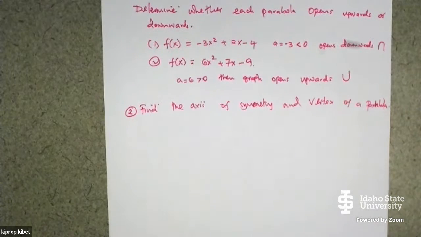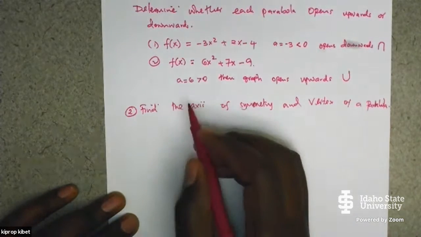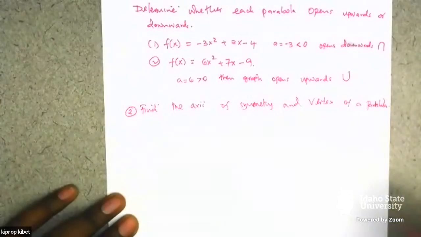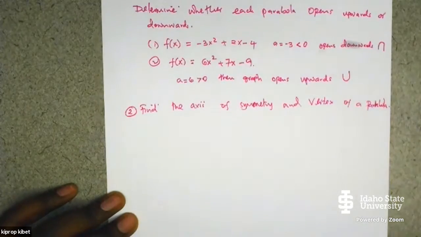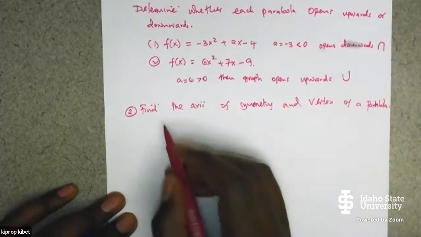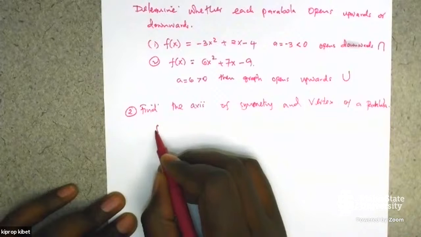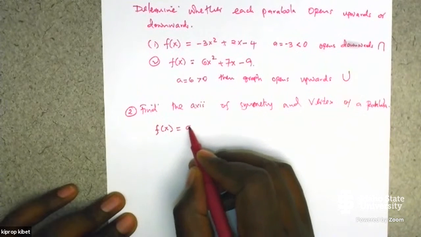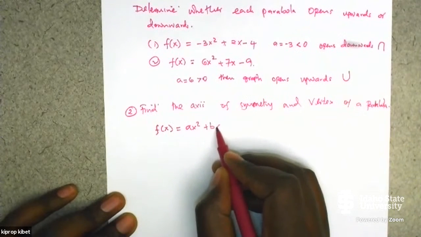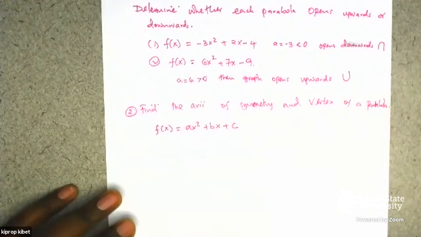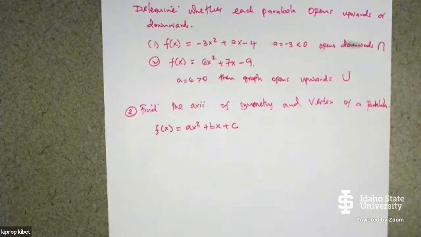So let's start from the first one, which is the axis of symmetry. Now, if our function f of x equals ax squared plus bx plus c, we have that function.